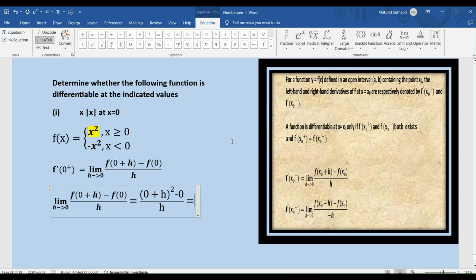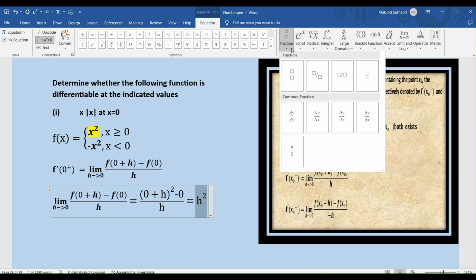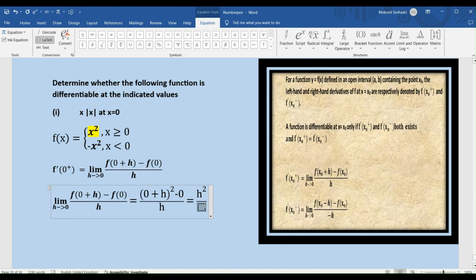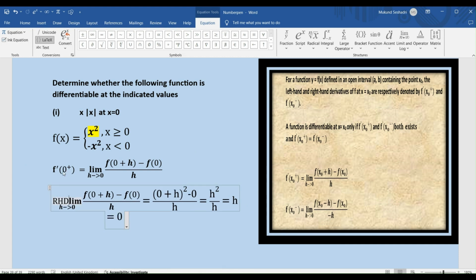So I can call this h square, which is my numerator. And then I still have my denominator h. So one h gets cancelled. I'm left with h, which is h tending to 0. So my RHD is nothing but 0, right?